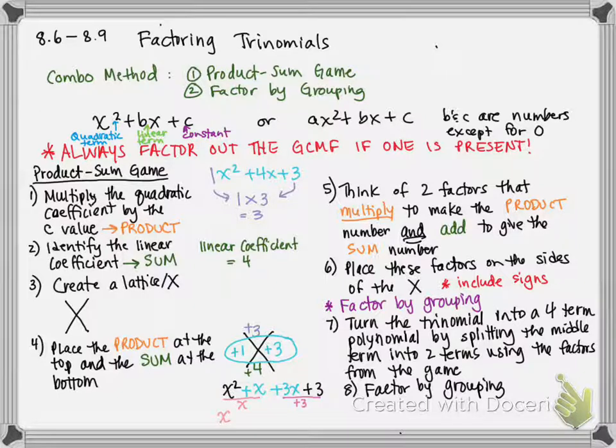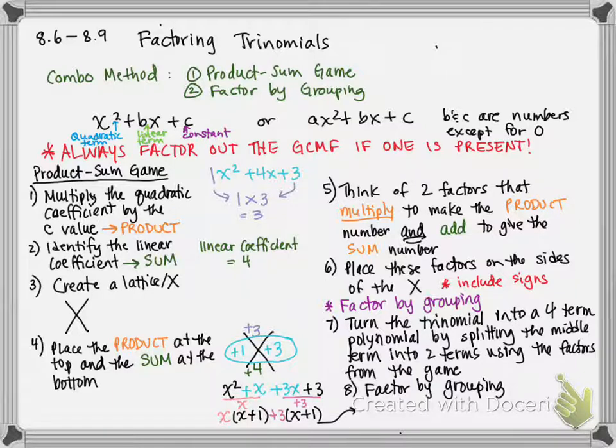So we have x times the quantity, and when we factor that out, x squared divided by x is x, plus x divided by x is 1. And then we're going to pull out a positive 3. And 3x divided by 3 is x, plus 3 divided by 3 is 1.